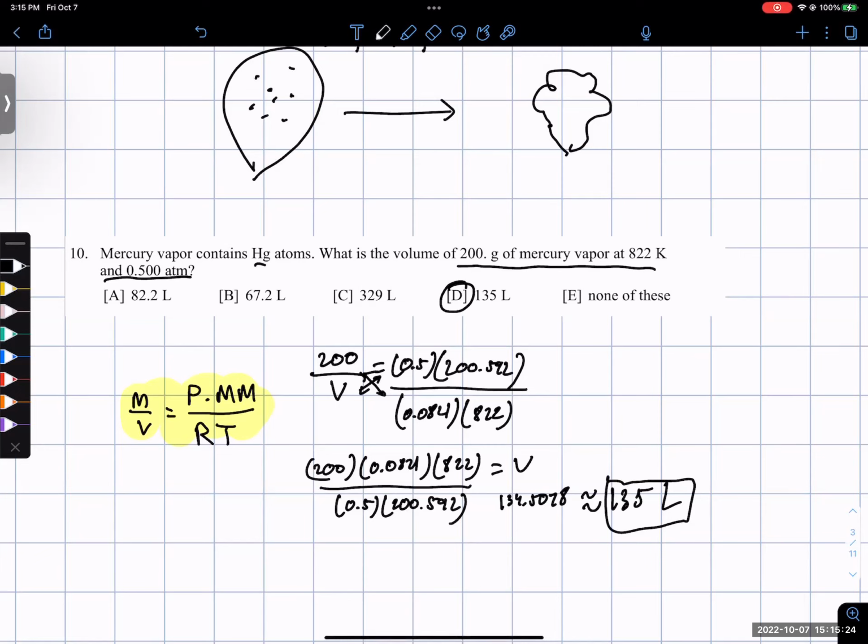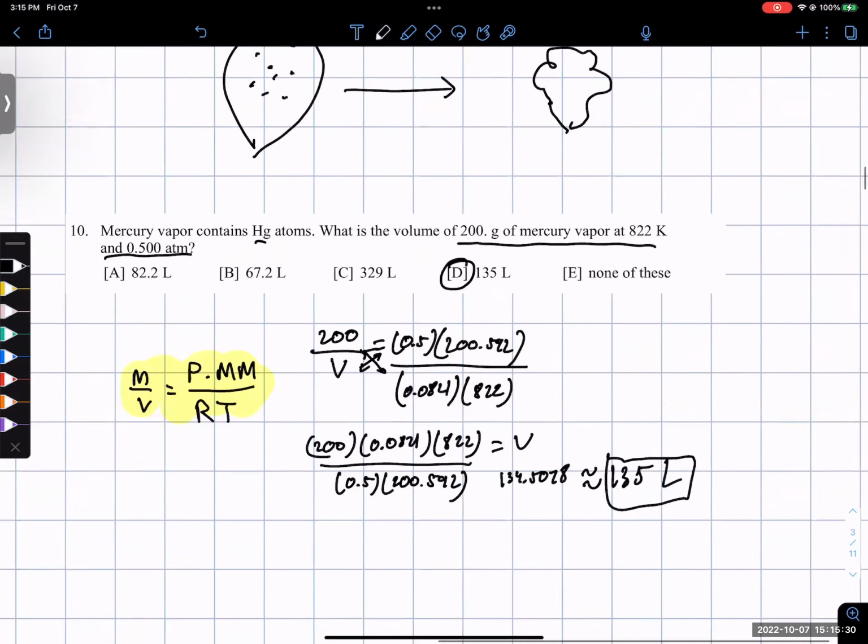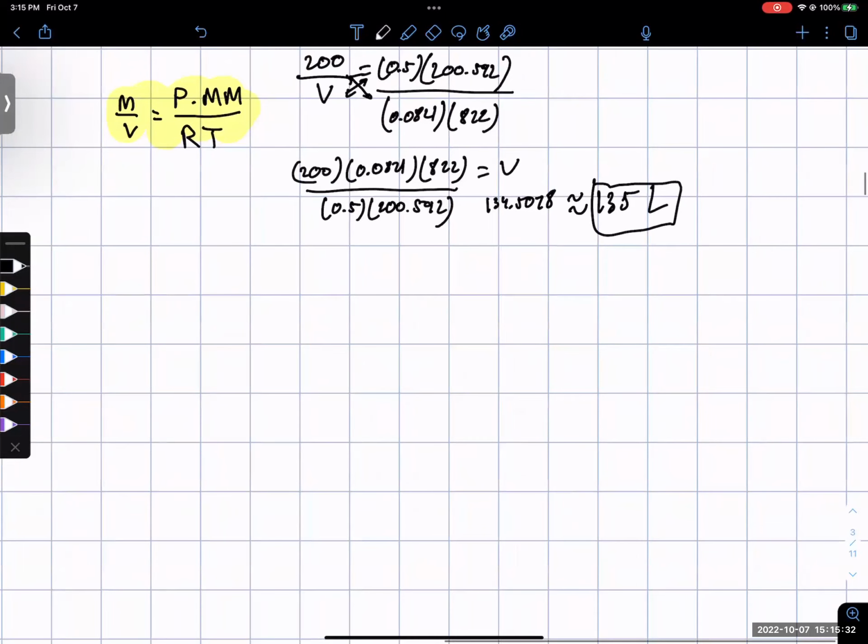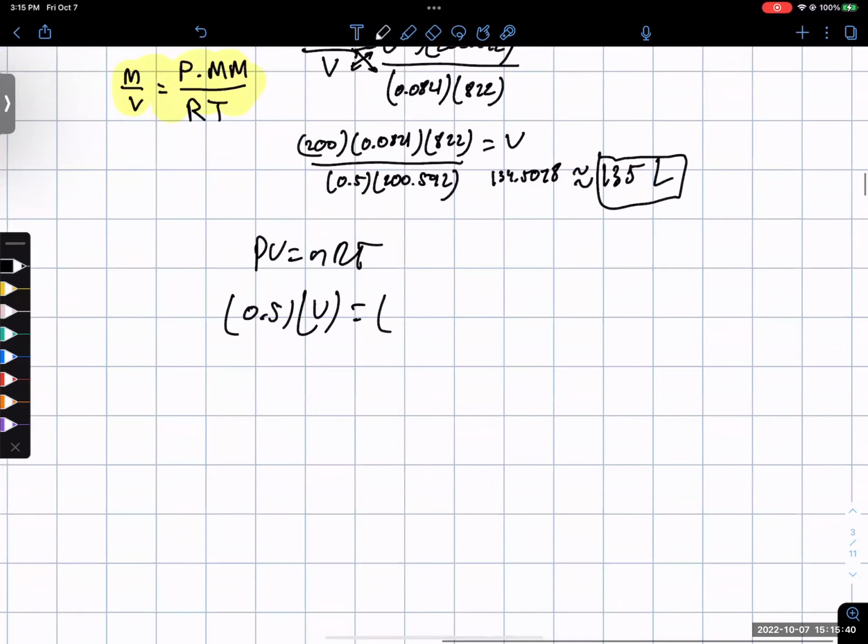If you had used PV equals nRT, you would first solve for the volume with the number of moles.